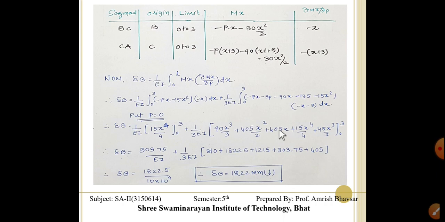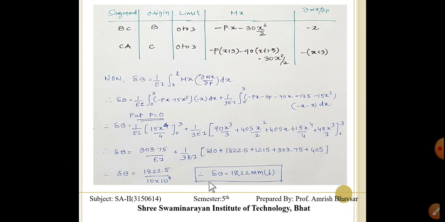This is the mathematical step. We have a clear idea about how to integrate that and how to put the limits over there. So, after putting this, we will get delta B is equal to 303.75 upon EI for the first portion, and for the second, 1 upon 3EI of 810, 1822.5, 1215, 303.75 plus 404.